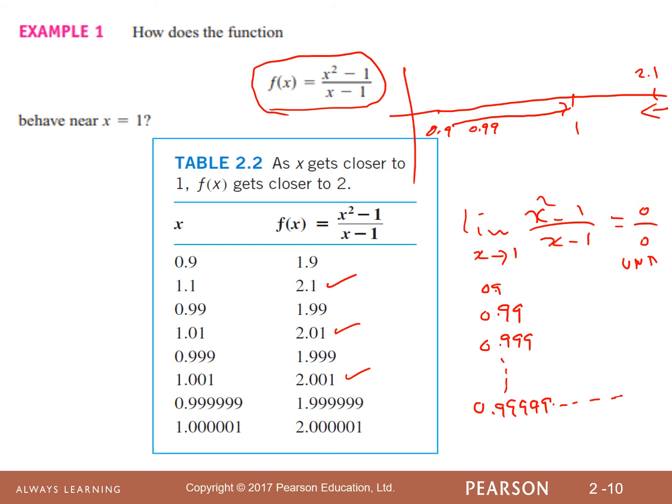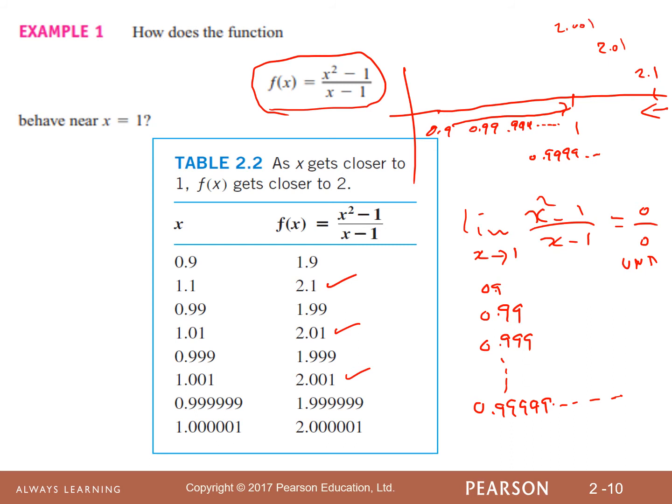So 0.9, 0.99, 0.999, all the way until 0.9999 to infinity, approaching from the left. And we can approach from the right. We start from 2.1, and go to 2.01, and then to 2.001, all the way until we get to what?